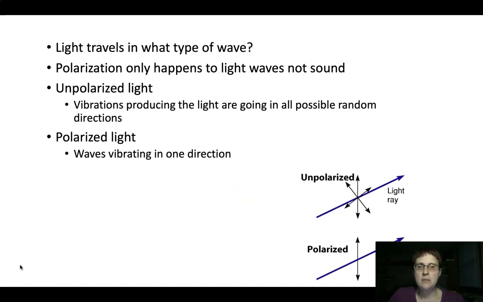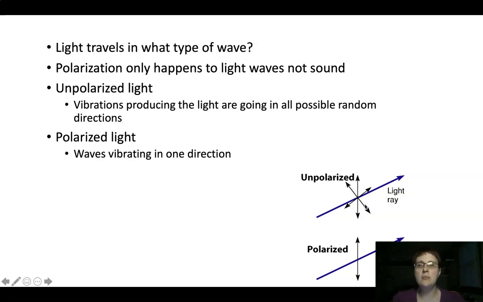So let me get my diagram up here to show you. You can see that those light rays are going forward, but what I mean by the vibrations is that up and down motion. So we have waves going up and down this direction, up and down this direction, up and down this direction. So they can go in any of those directions, plus anything in between.